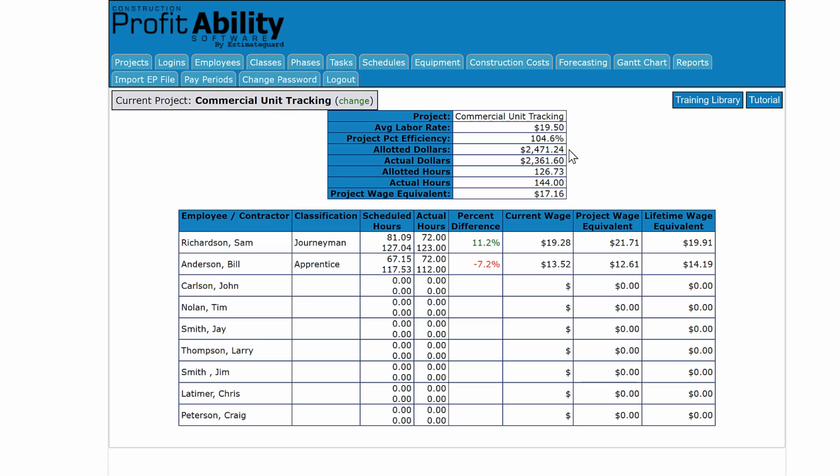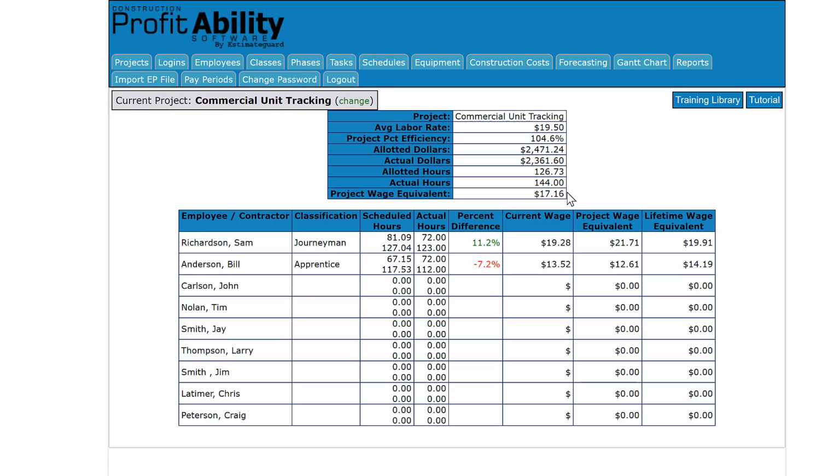The cost for the task was $2,471.24. They completed it for $2,361.60, so they beat it by about $100, $110. The allotted hours were 126.73. It took them 144 hours to complete the work, but they still came in under budget.